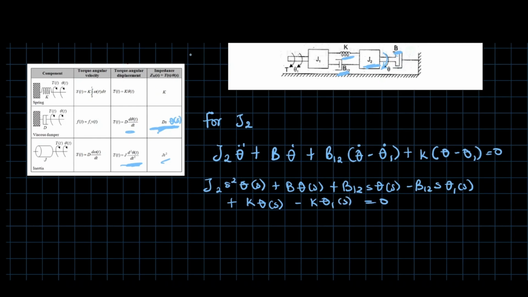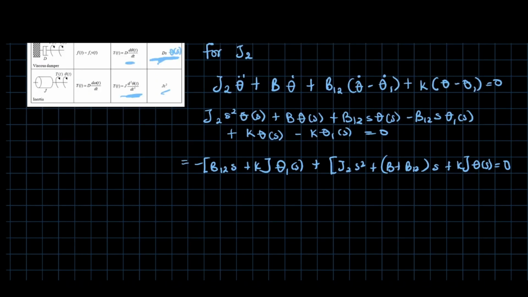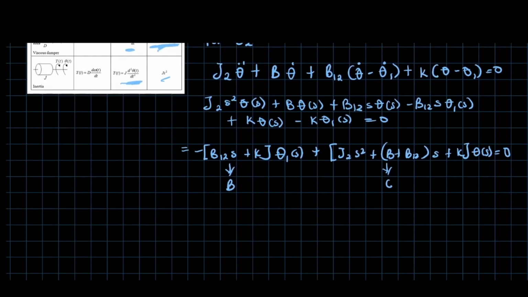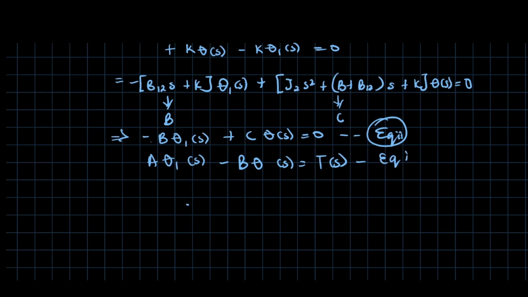Now simply factorize. So now we can make this C, but remember that this is the same thing as B from the first equation. You can see at this point, it's the same thing. So it's simply going to become minus B theta 1(s) plus C theta(s) equals 0. And the first equation is equation 1.